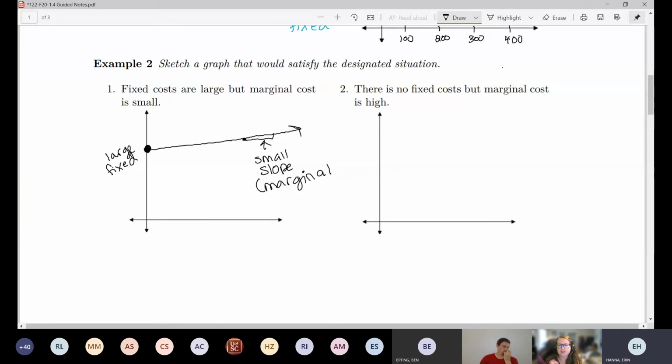As opposed to the next one, where it says no fixed cost, but marginal cost is high. No fixed cost means that my y-intercept is 0. Technically I still have a fixed cost, it's just that the fixed cost is 0. It does make sense to say no fixed cost because this is in terms of money, and when you say it has no cost, it's 0.